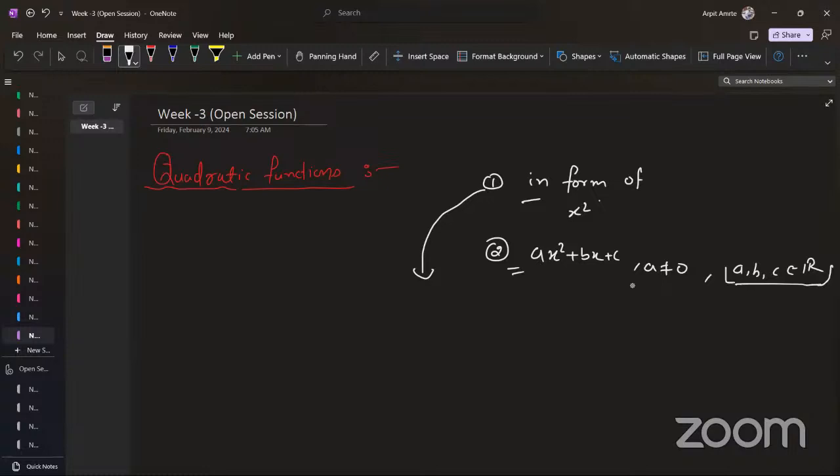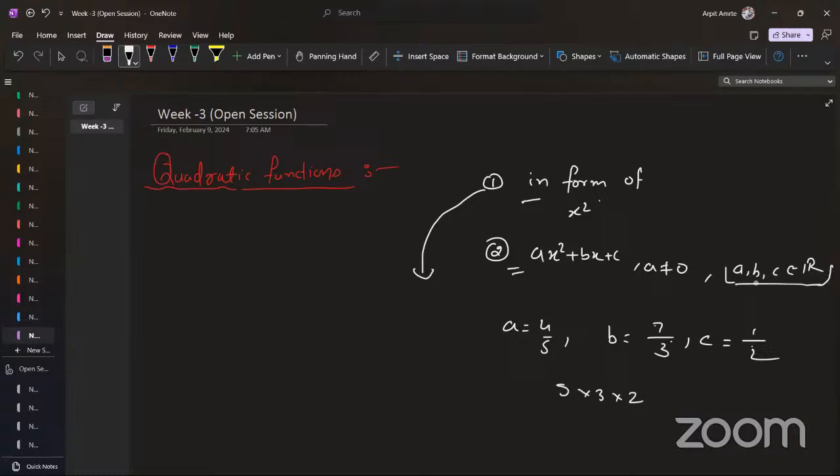It doesn't matter whether the lecture gives them as integers, we will take them from R. If you take any rational number, it can be converted into integers as well. Suppose a equals 4 by 5, b equals 7 by 3, and c equals 1 by 2. Just multiply by 5 into 3 into 2, and your coefficients become integers. So a, b, c belong to R, that kind of thing.